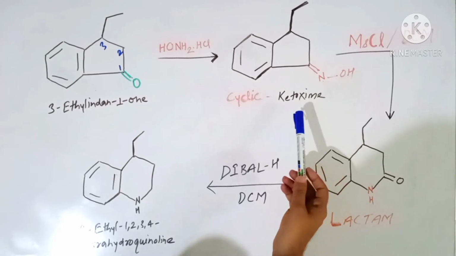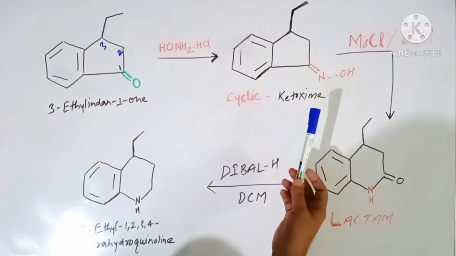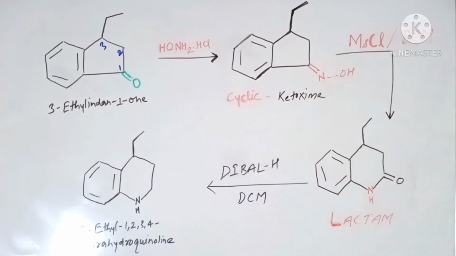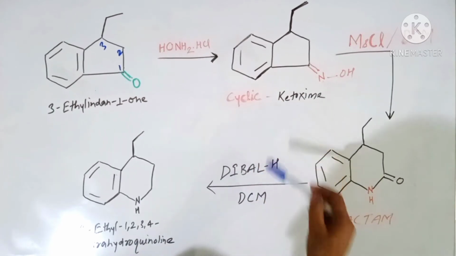And this cyclic ketoxime is actually the starting point of Beckmann rearrangement, because we have seen earlier that Beckmann rearrangement is nothing but rearrangement of aldoxime or ketoxime to the respective amide. So here we have produced a cyclic ketoxime.